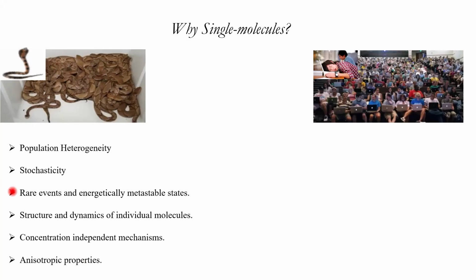So mechanically unfolding is an anisotropic property. That means whatever you are doing to an individual molecule is only applicable to that particular molecule. It is not applicable to other molecules, and also only in the direction in which you are applying it. So those are called anisotropic properties. If you want to study any of these properties, you need to do single molecule spectroscopy or single molecule studies.